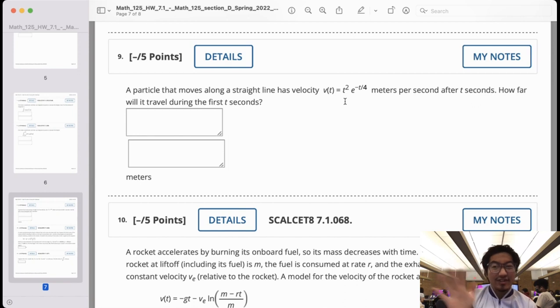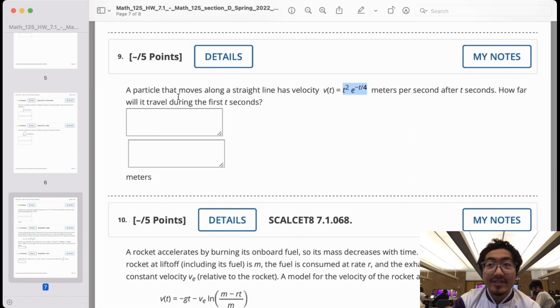How far does it travel? The only thing you need to do is find when this is equal to 0 and test whether it is positive or negative, because this is going to be a net change.